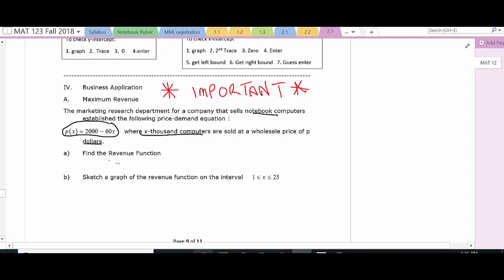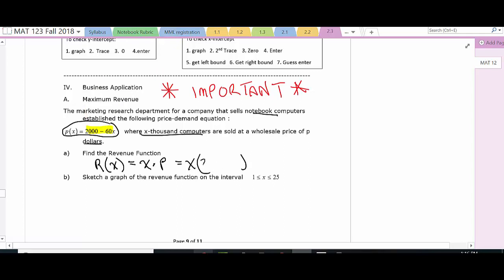I don't give them to you because you're a business major. So when you do a revenue, you do X times P: the number of items you sell times the price. You got to know that formula. That's expected. So you take X and multiply it by P. P I gave you.